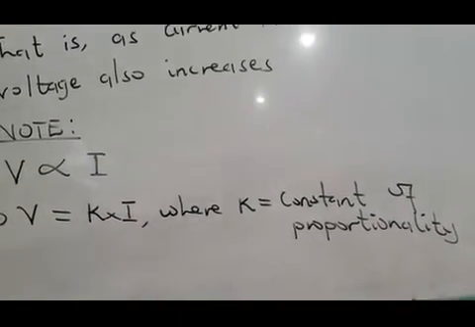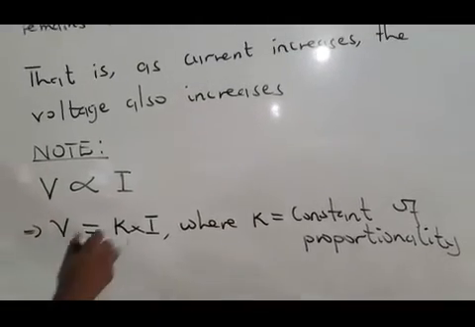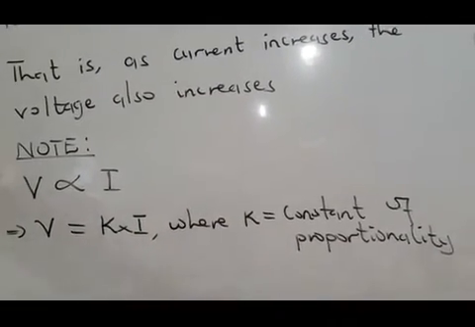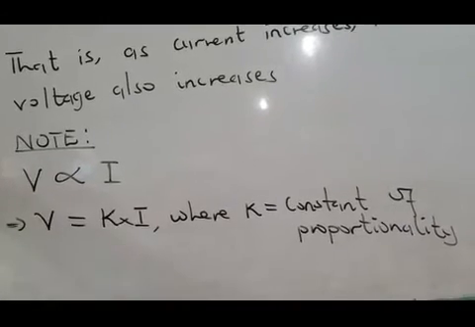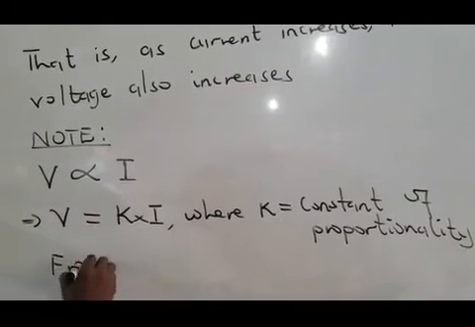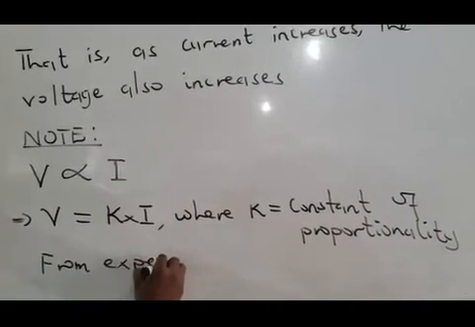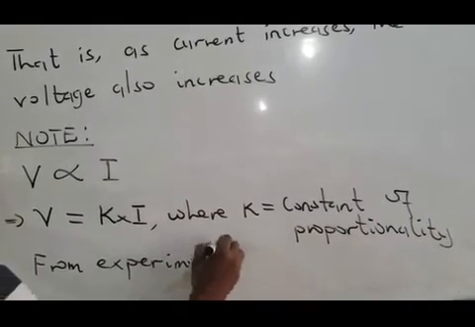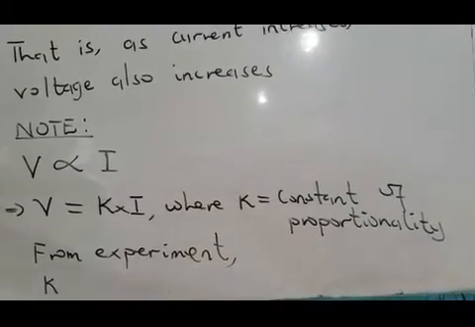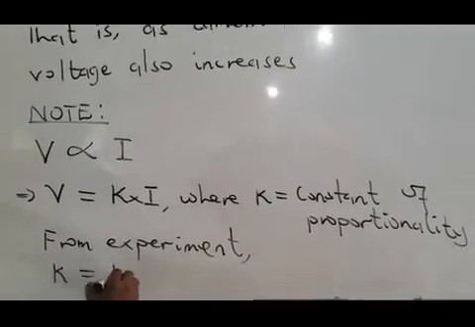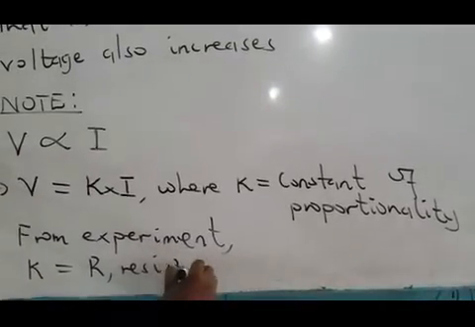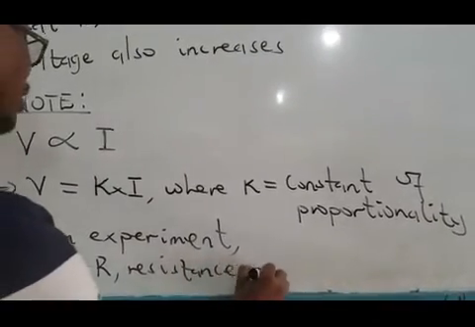Now, from experimental work, the constant here is actually equal to the resistance in the circuit. So from experiment, the constant of proportionality, that's the K, is equal to R, resistance in the circuit.